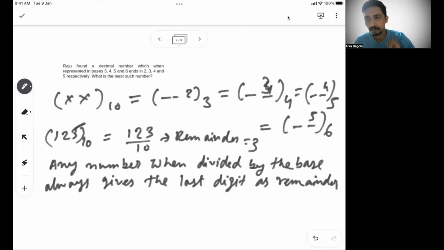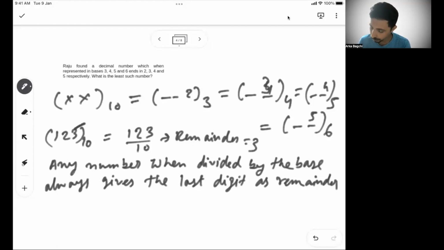You take any number, say 371 or 579. If you divide by 10, you will get only the last digit as the remainder, and that is actually true for every base system. Not only for 10, you can take any number and try to divide. You will only get that last digit.